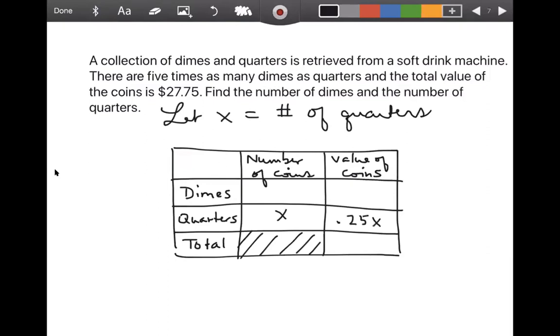And if there are X quarters and 5 times as many dimes, that means there are 5X dimes. Total value of the dimes is 0.1 times 5X. And the total value of all the coins is $27.75. So we have our equation.